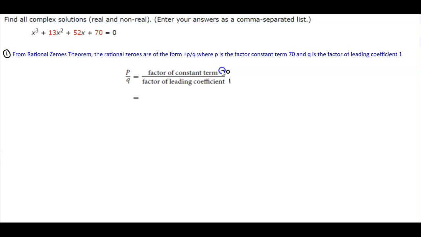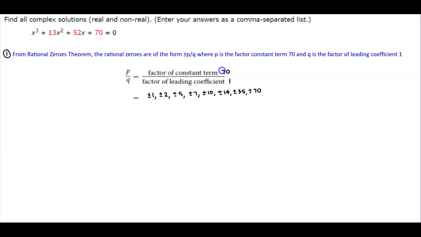So what are all the factors of 70? All the factors of 70 are plus or minus 1, plus or minus 2, plus or minus 5, plus or minus 7, plus or minus 10, plus or minus 14, plus or minus 35, and plus or minus 70.